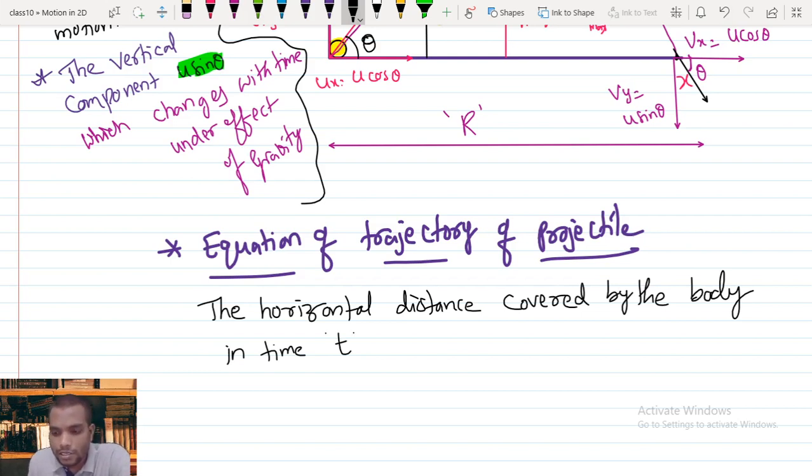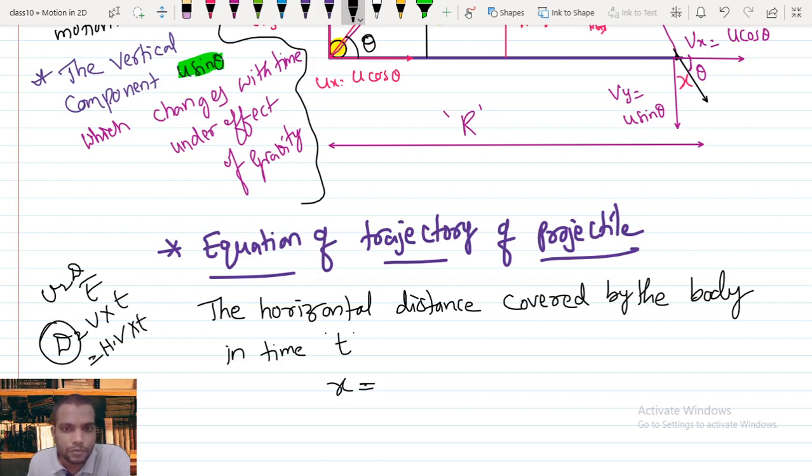It's a horizontal distance, so horizontal distance means nothing but the x here. By the distance formula, velocity equals distance upon time, and distance equals velocity into time. Since it's the horizontal distance, we take the horizontal velocity into time. So horizontal distance x equals horizontal velocity multiplied with time.